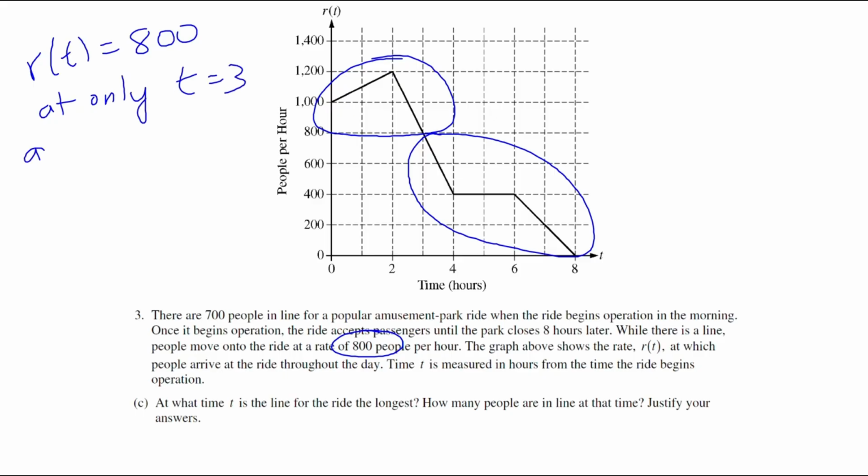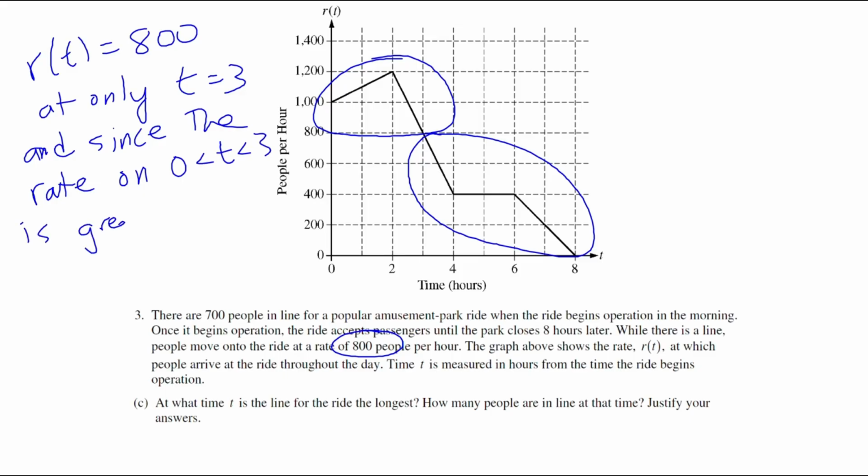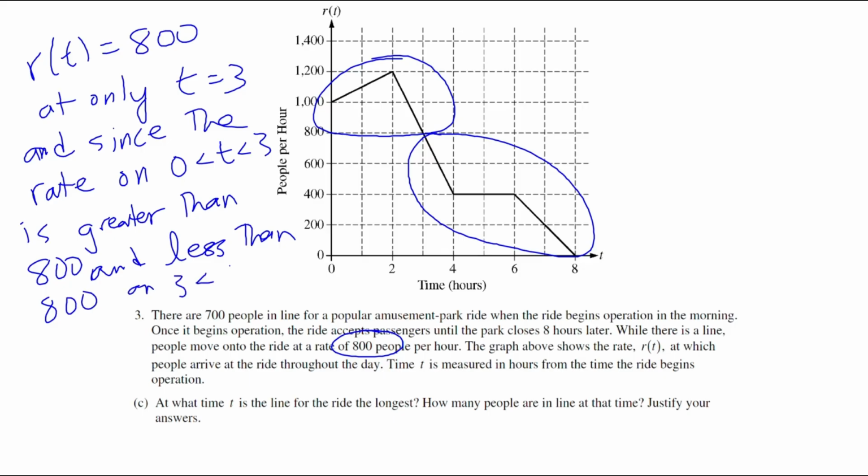And since the rate on 0 to 3 is greater than 800, and we'll also say less than 800 on 3 to 8, then the max is at t equals 3.